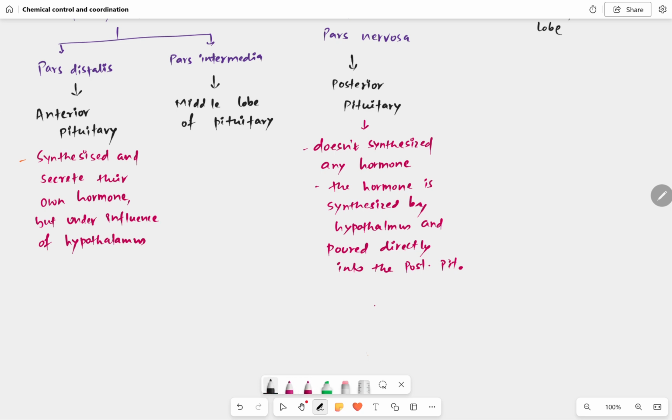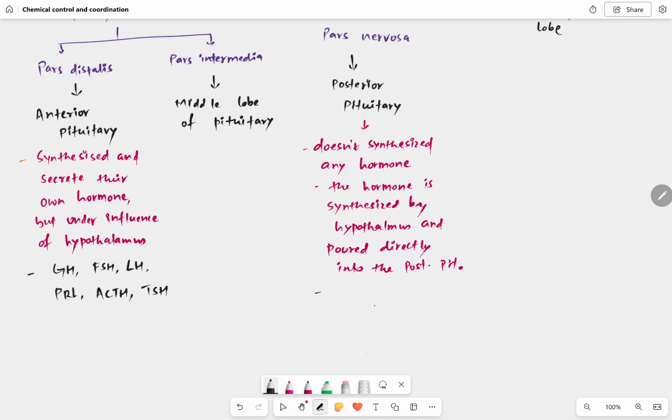The hormones of the anterior pituitary, which are secreted by itself, are growth hormone, FSH, LH, prolactin, ACTH (adrenocorticotropic hormone), and TSH (thyroid stimulating hormone).